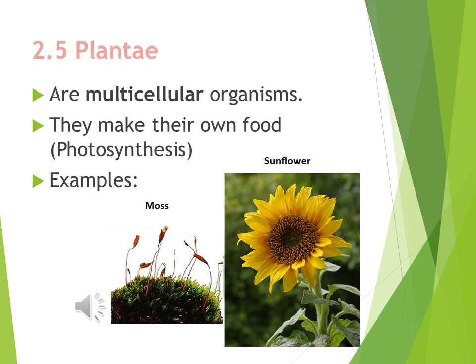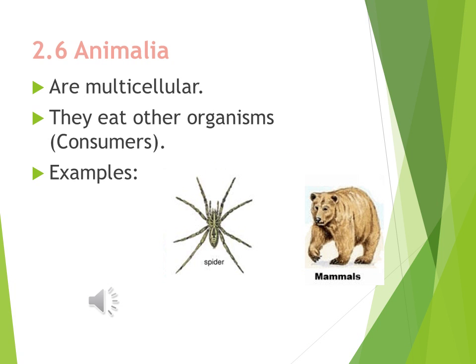In the kingdom Plantae are multicellular organisms. They make their own food, photosynthesis. Some examples are moss and the sunflower. In the kingdom Animalia are multicellular. They eat other organisms. They are consumers. Some examples are the spider and the mammals.